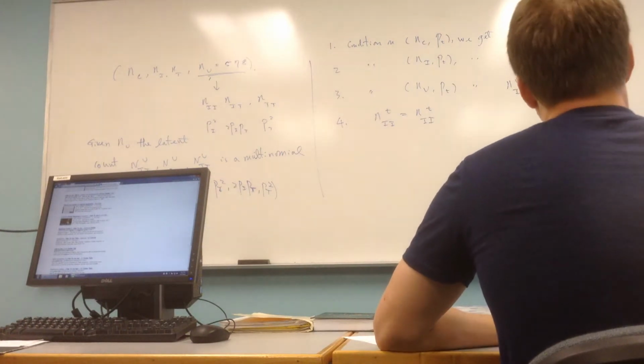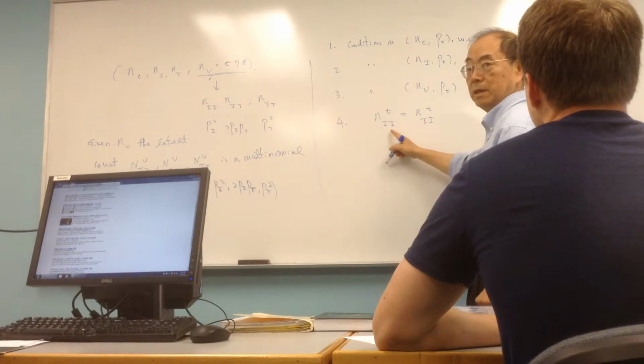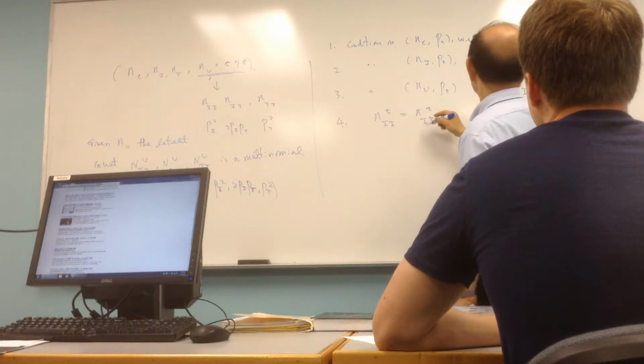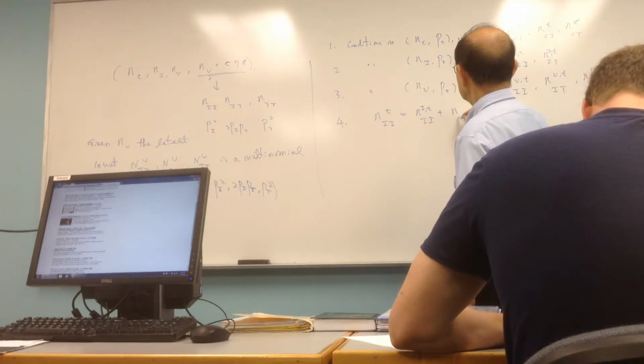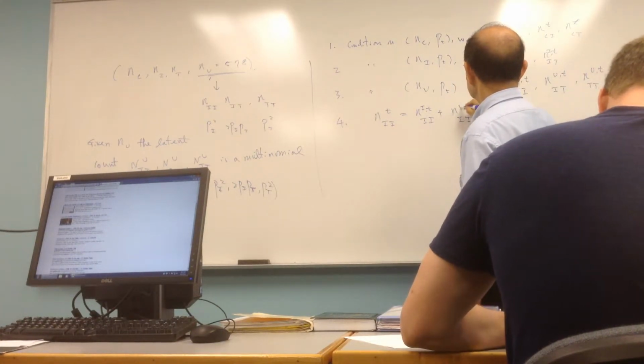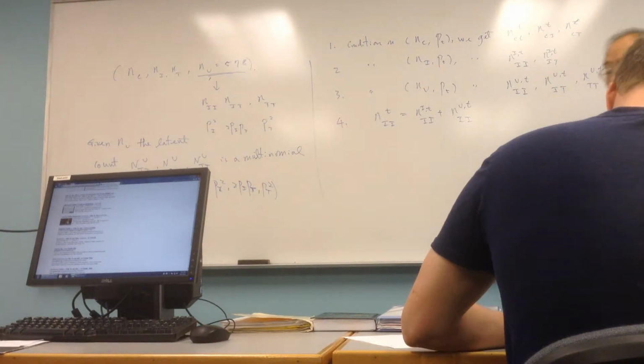Once you have this, the actual number NII at time T will be the I part plus the U part, NII under U at time T. That gives you the total.